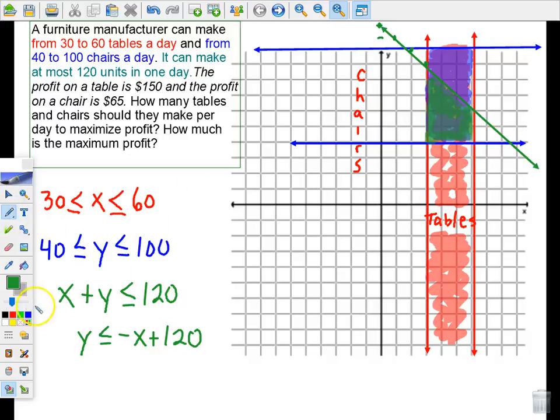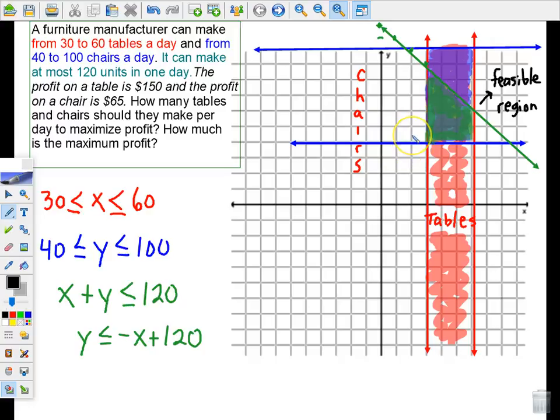This is called the feasible region. So I want you to put that in your notes. F-E-A-S-I-B-L-E, region. So that's the area where all of our shading comes together. So when you see the word feasible region, now hopefully it'll help you make some sense of what that means.